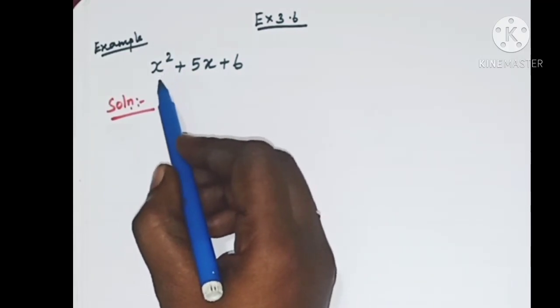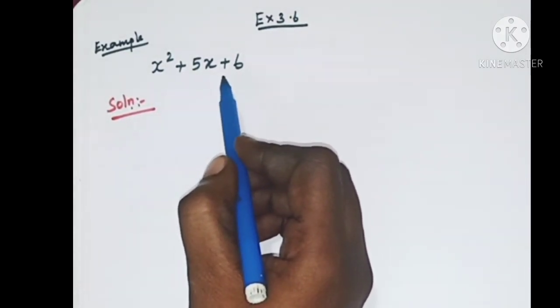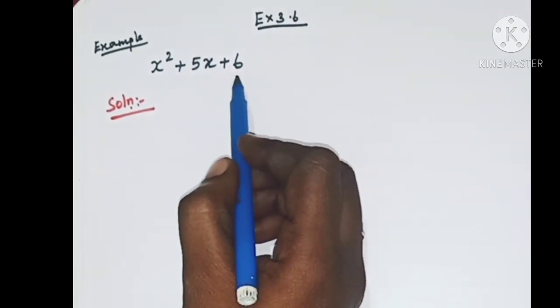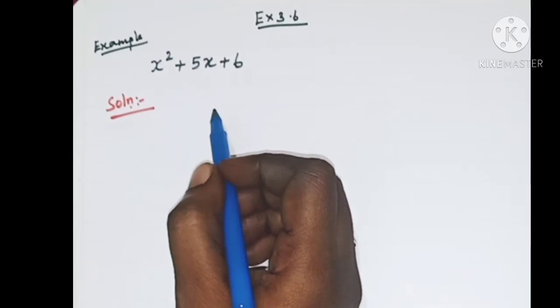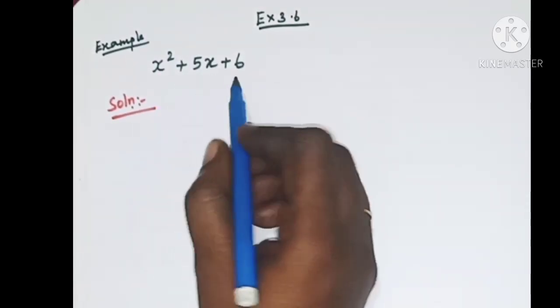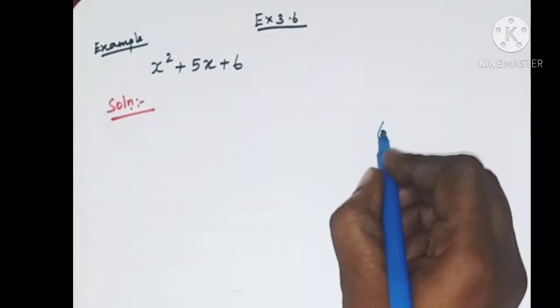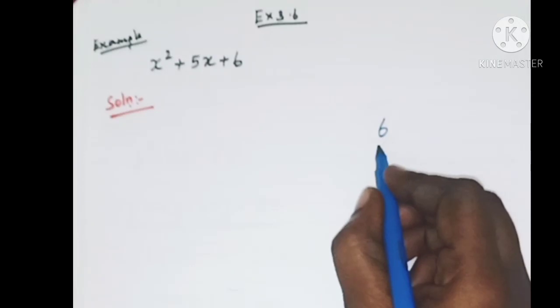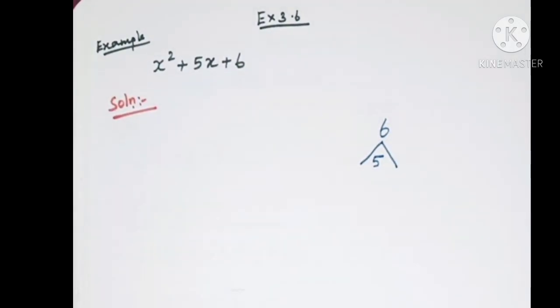The given quadratic expression is x square plus 5x plus 6. Now we have to factorize this by the splitting the middle term method. So clearly here the product is 6 and the sum is 5, isn't it? Now we have to identify the two numbers.